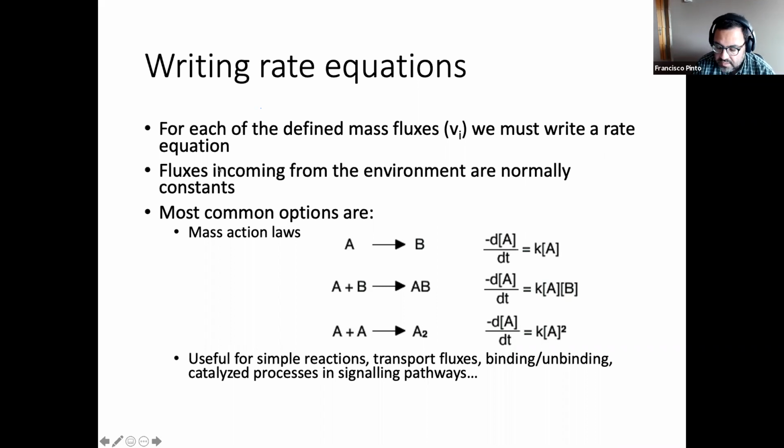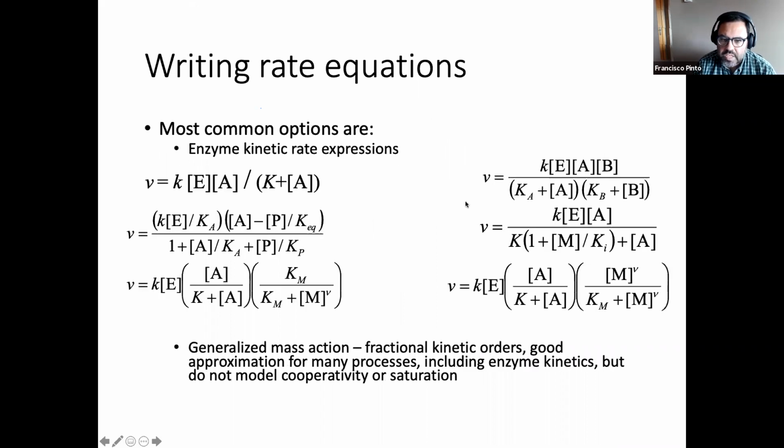But still, there are some processes that mass action laws are not able to reproduce, and that's where enzyme kinetic rate expressions appear. Why? Because enzyme catalyzed processes, which are very common in biological systems, have a property: they saturate.